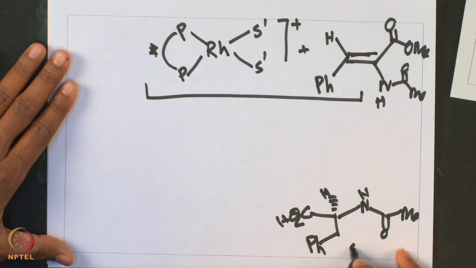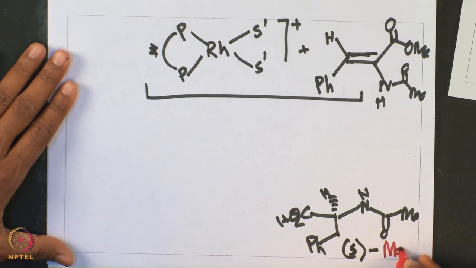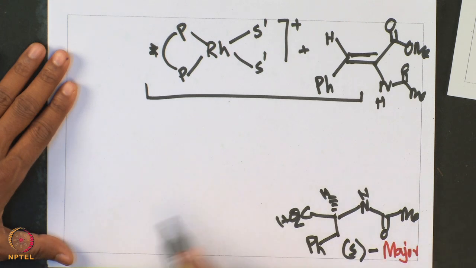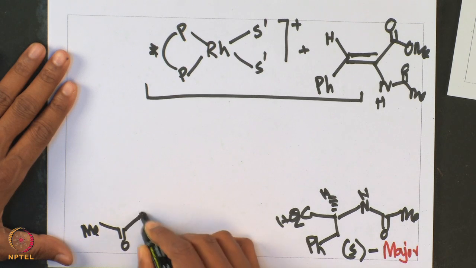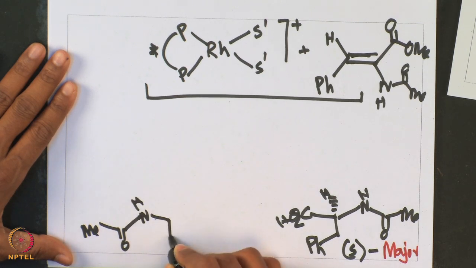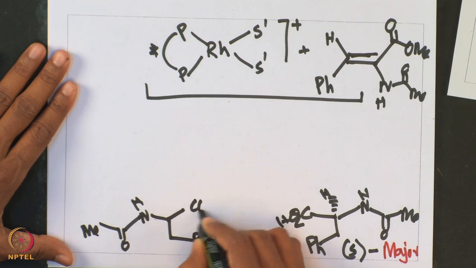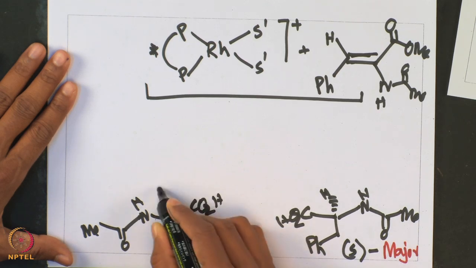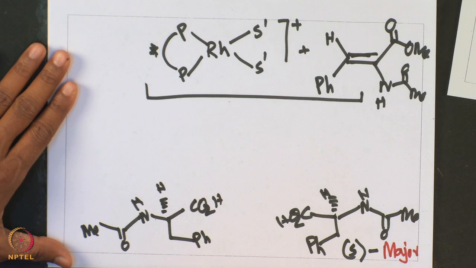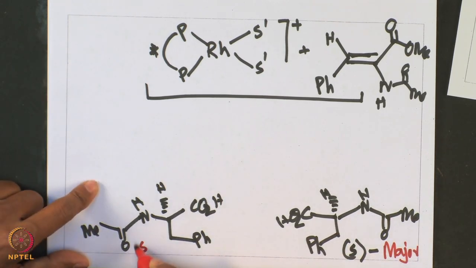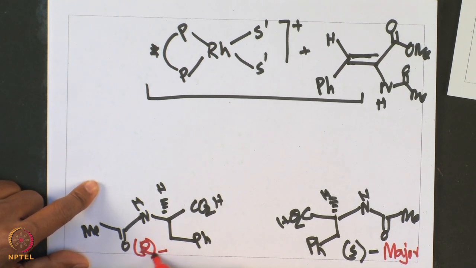So, this is the S product and that turned out to be the major product. The other product is the minor one or very little one, since it is a very good asymmetric reaction. We essentially have drawn the mirror image of that one, and this is the R product, and that is the minor product.